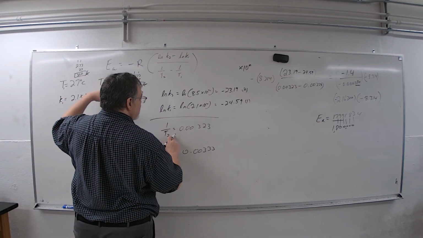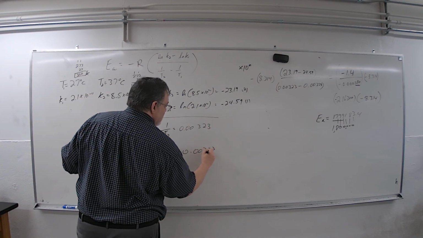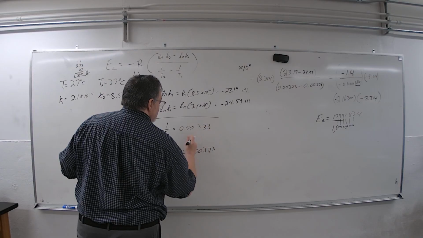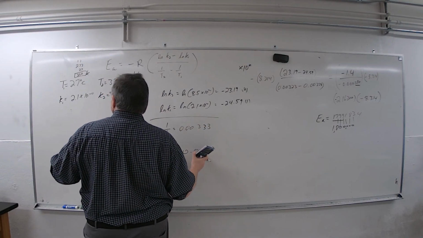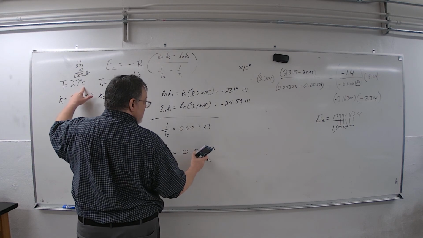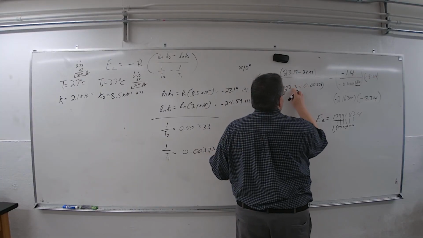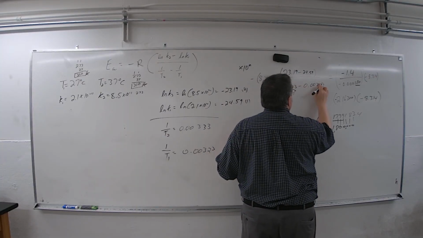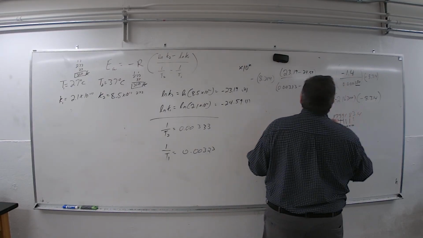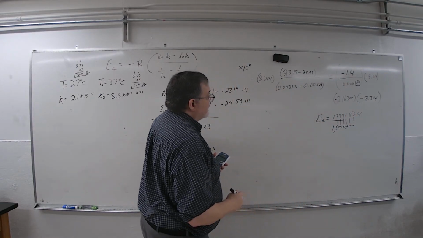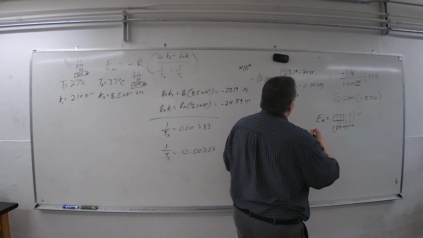This is 2. Just 37. So I've got these backwards too. The lower temperature is 1. Yes, I had those backwards too. So that takes this positive. 333 minus 323. And 23 minus 24.